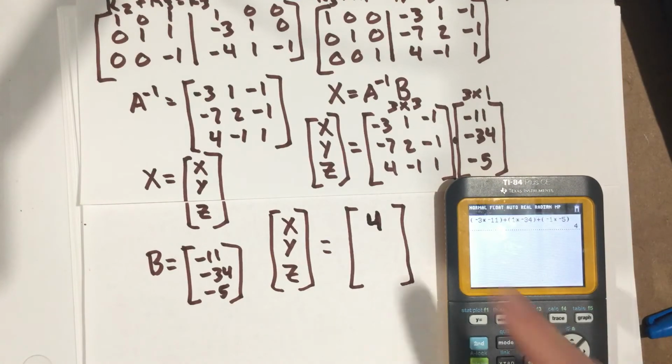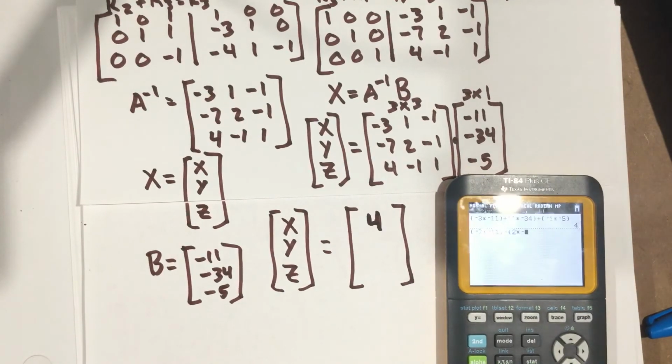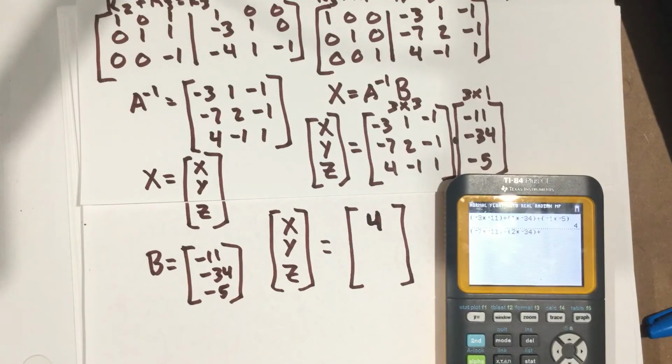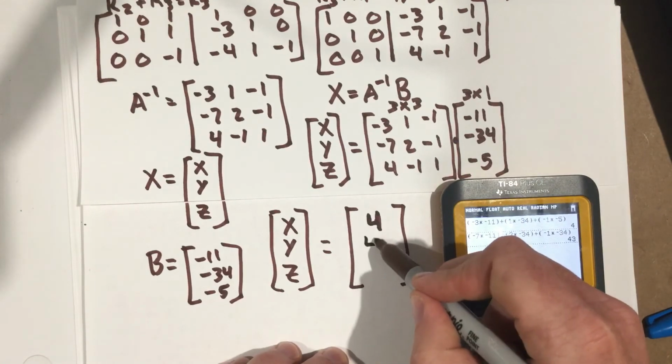Now we're going to do -7 times -11 plus 2 times -34, and then plus -1 times -34, 43 for your y value.